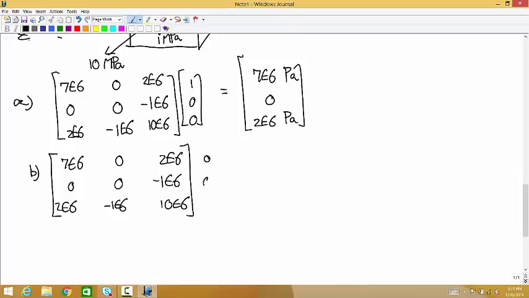Yep, 0, 0, 1. And so you get 2 times 10 to the 6, -1 times 10 to the 6, positive 10 times 10 to the 6.